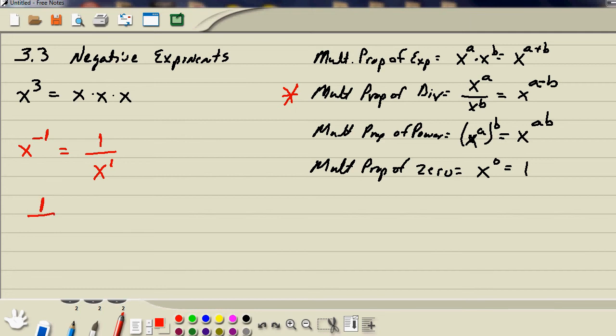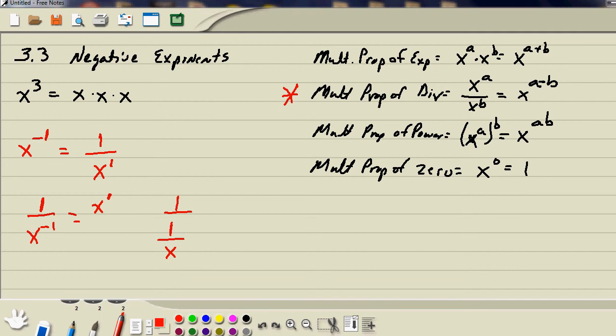And let's say it's on the bottom. What do we do? Well, if I have 1 over x to the negative 1, it's the same as saying x to the 1 power. How did we get there? Let's make it multiple steps here. X to the negative 1, we said, is making it a denominator, so it's 1 divided by x.